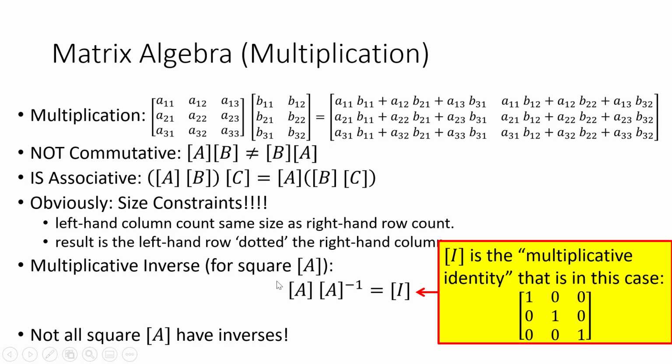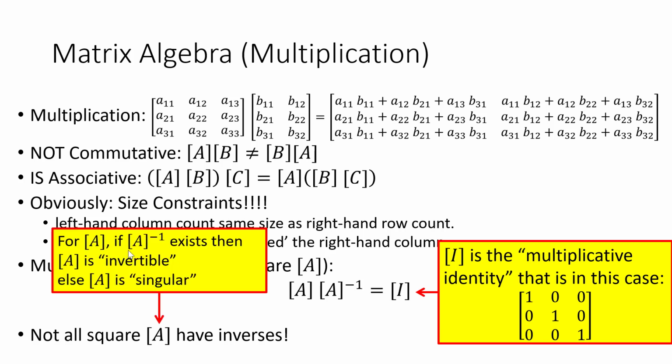So you have to have a square matrix for that. That means that the number of rows equals the number of columns. That's the only way that you get the square multiplicative identity on the right-hand side. It's very important to note that not all square A's have inverses. For a given A, if A inverse exists, then A is said to be invertible.